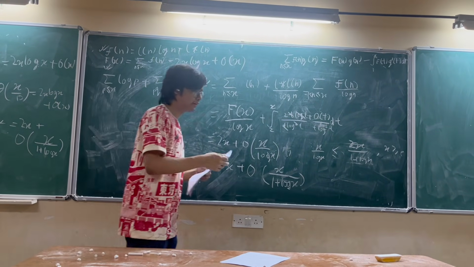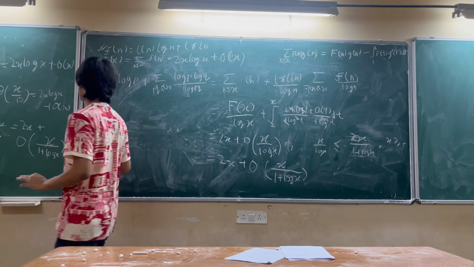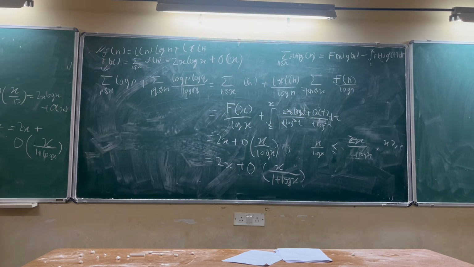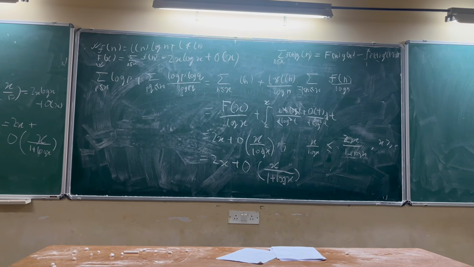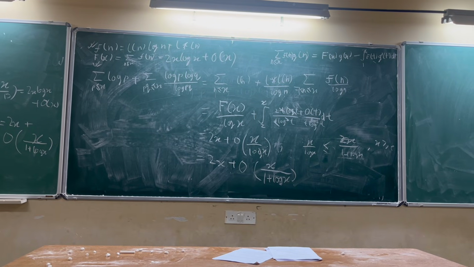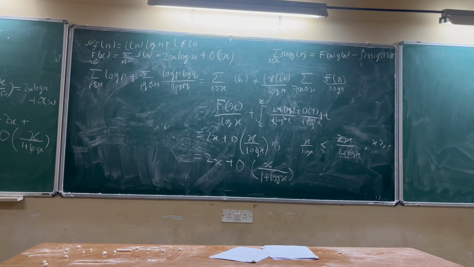So now we have the tools that we need to construct a proof of the prime number theorem. I'll erase these 3 formulas, and let's start with the proof of the prime number theorem.